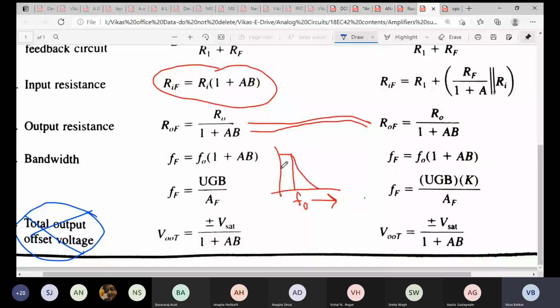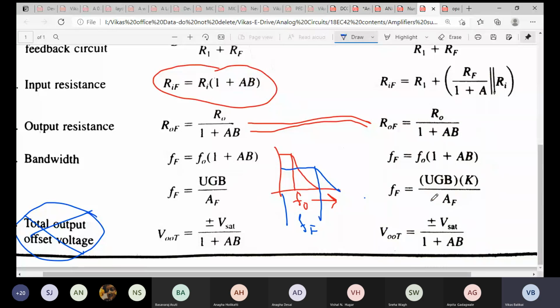It goes up to here, and that will be my new f0, which I call fF. So that is the bandwidth, which is an extended version. So bandwidth basically increases when it comes to feedback. And again, why is it the same for non-inverting? The inverting or non-inverting configuration does not play a crucial role with respect to bandwidth.